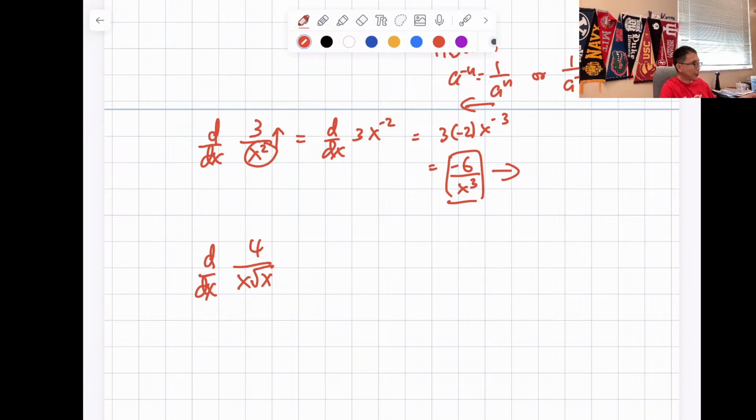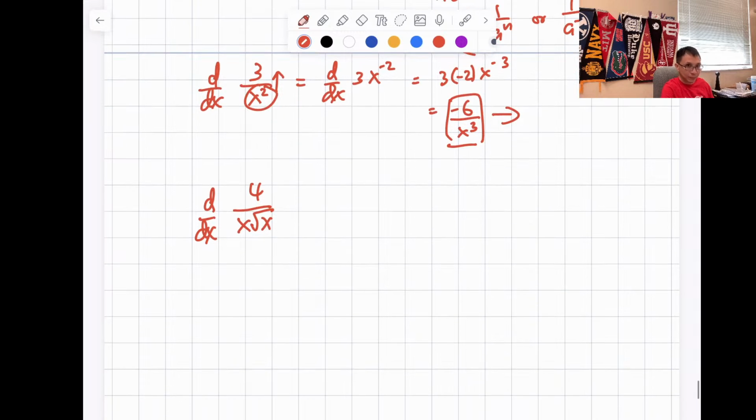Well, a radical could be a rational exponent. So you can write x times root x.